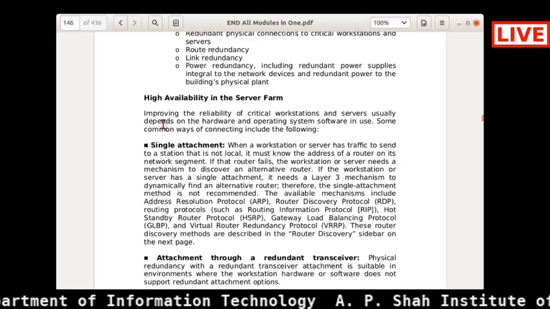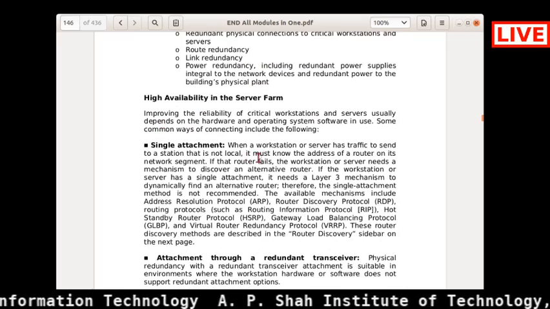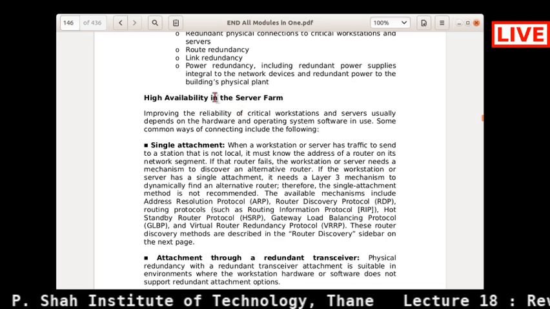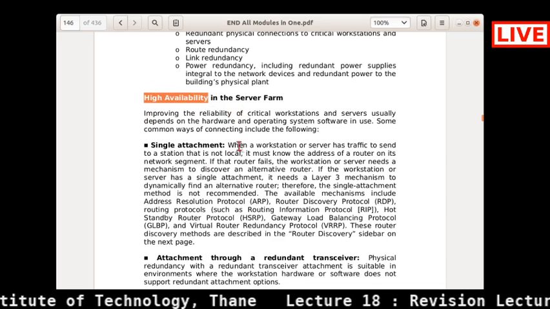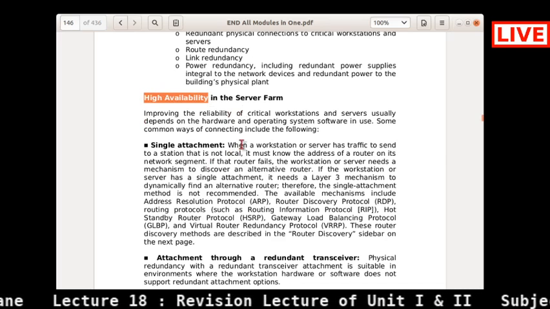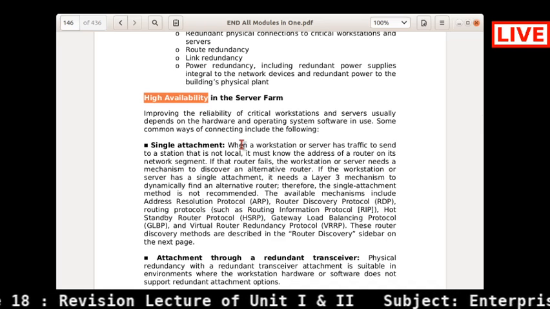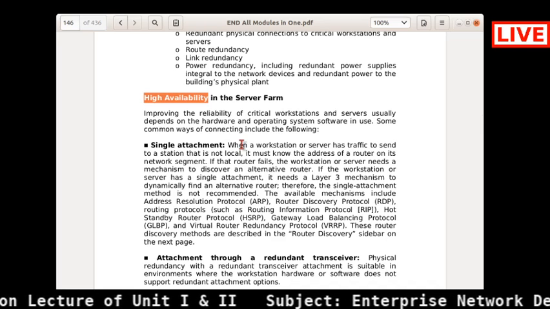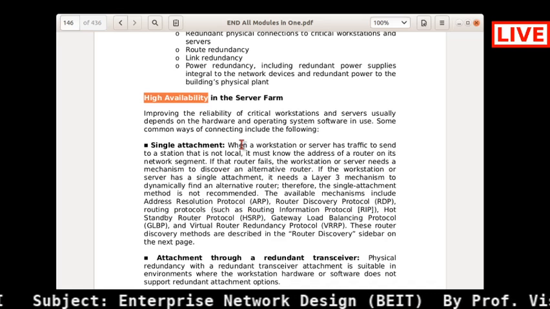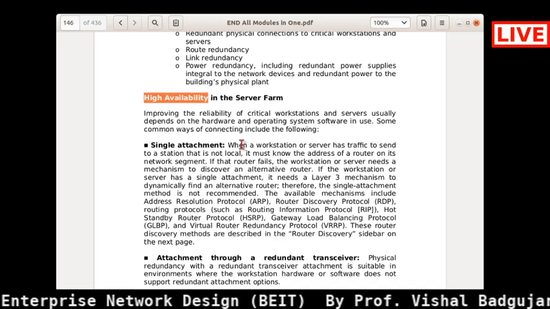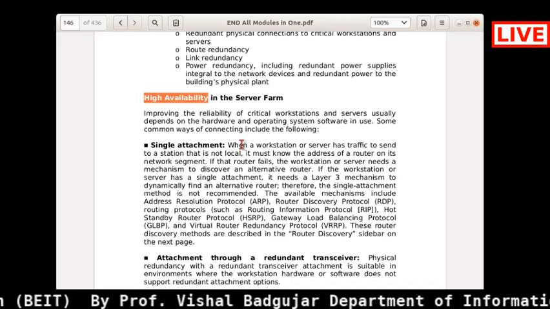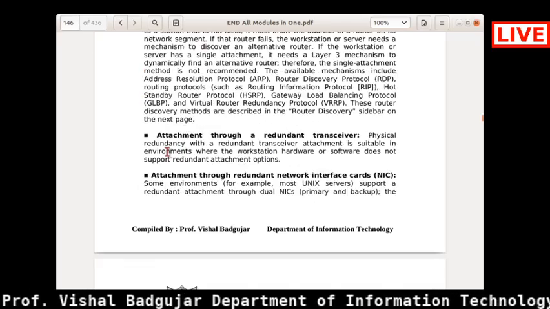Then we will move towards high availability. How are you going to maintain high availability in the server farm? Because you already know high availability is part of any reliable network. Whenever you tell anyone that our network is reliable, that means it must give you high availability, 24/7 and all those things, right? If you want to make your network 24/7, then you need to avoid single attachment.